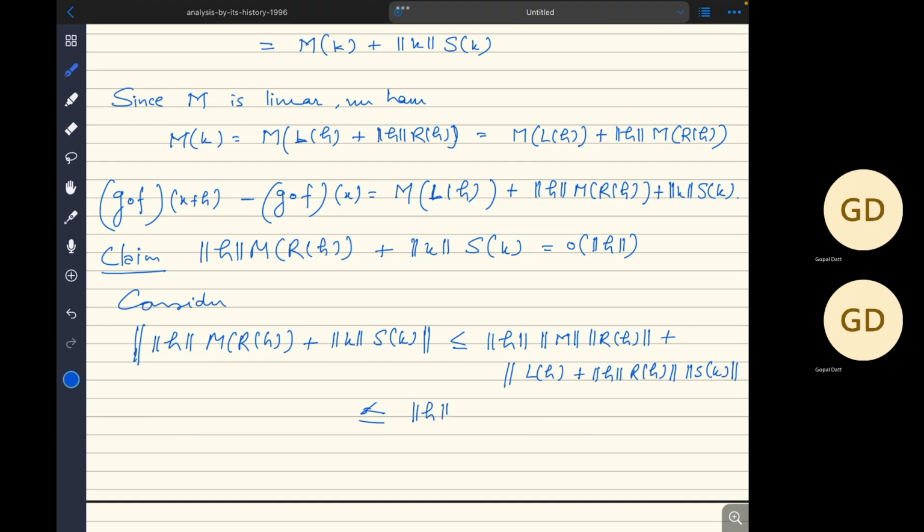So this is norm h. Let me bring norm h common. So this is norm h, norm M, norm R(h), plus, again from linear algebra, norm Tx is less than or equal to norm T norm x.